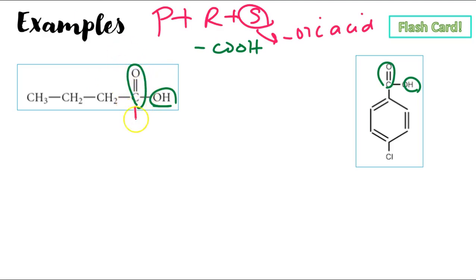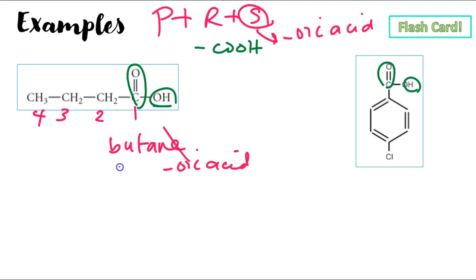We're going to start numbering here. 1, 2, 3, and 4. So if I have 4 carbons and they're all single bonds in this long chain, then that's going to be butane. I'm going to take the E and add oic acid. So I can rewrite it as butanoic acid. All right. And that would be how we consolidate for that.